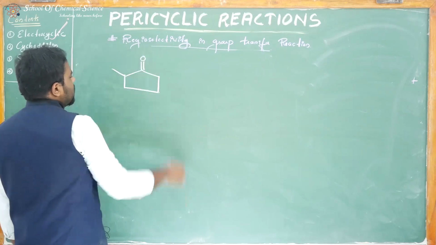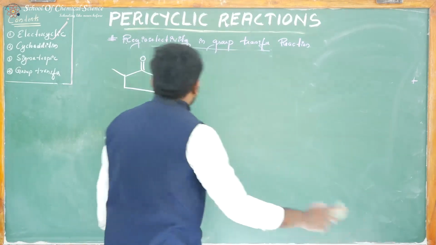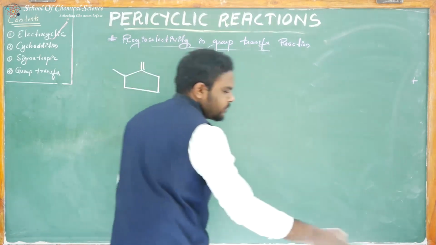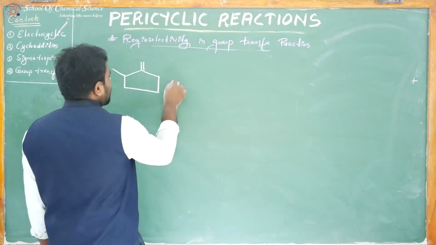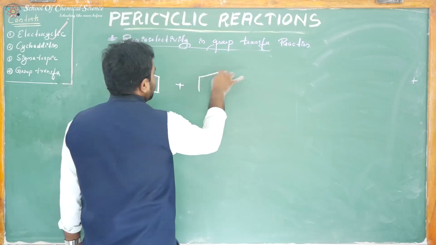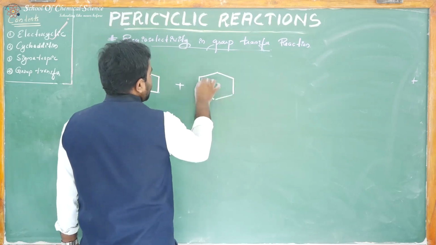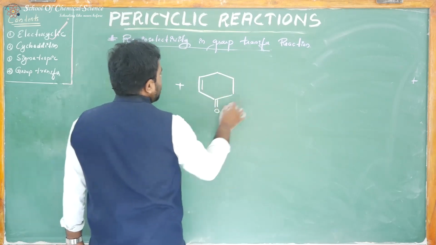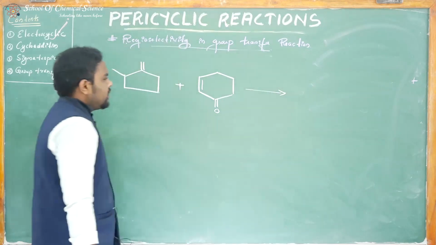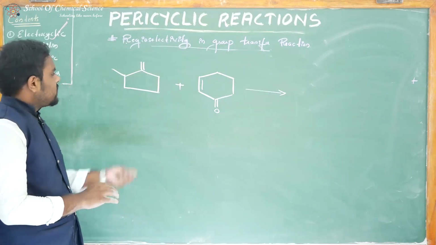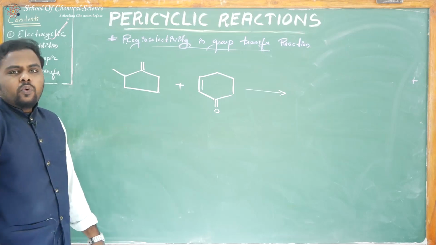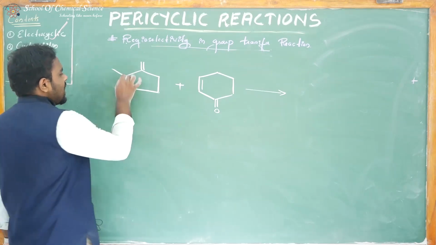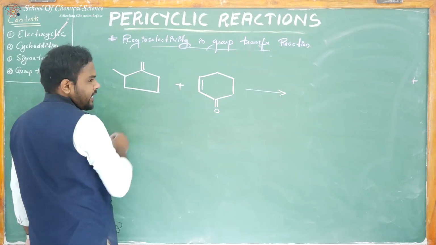Double bond plus double bond O. Here the enophile is unsymmetrical as well as two allylic carbons are there. This is also an allylic carbon, this is also an allylic carbon.